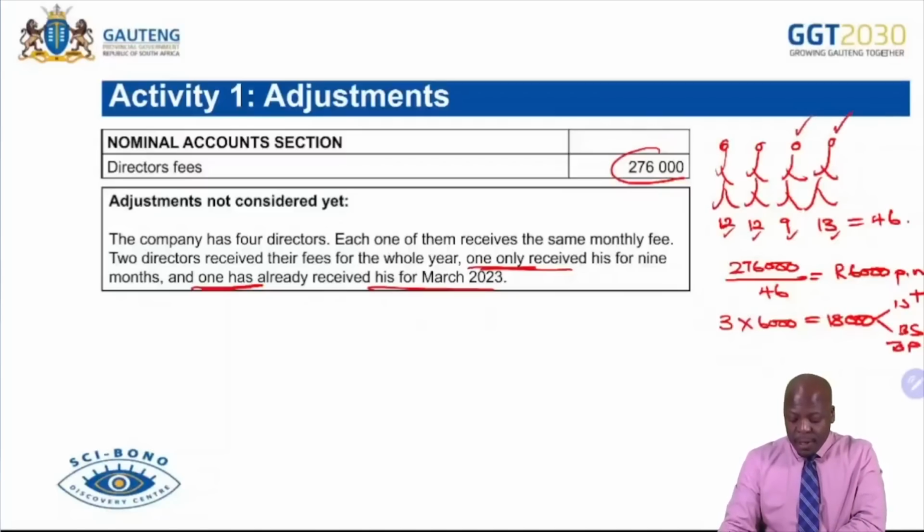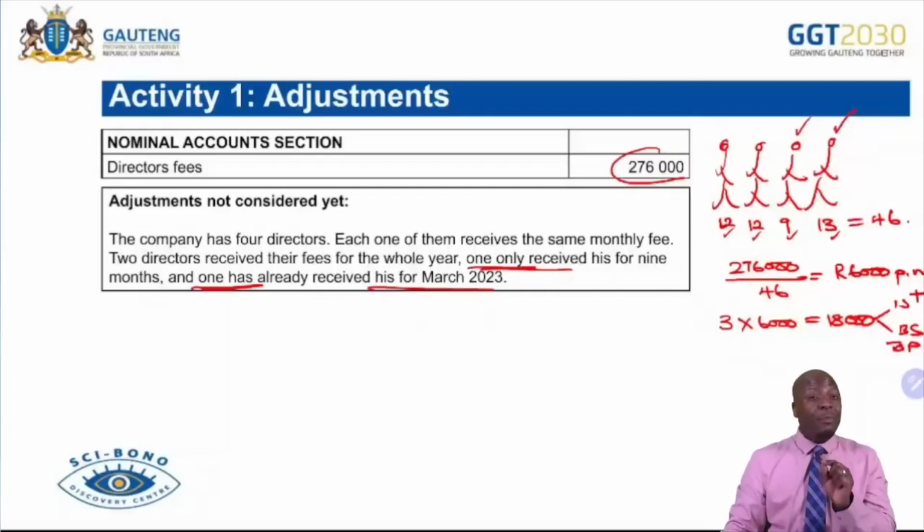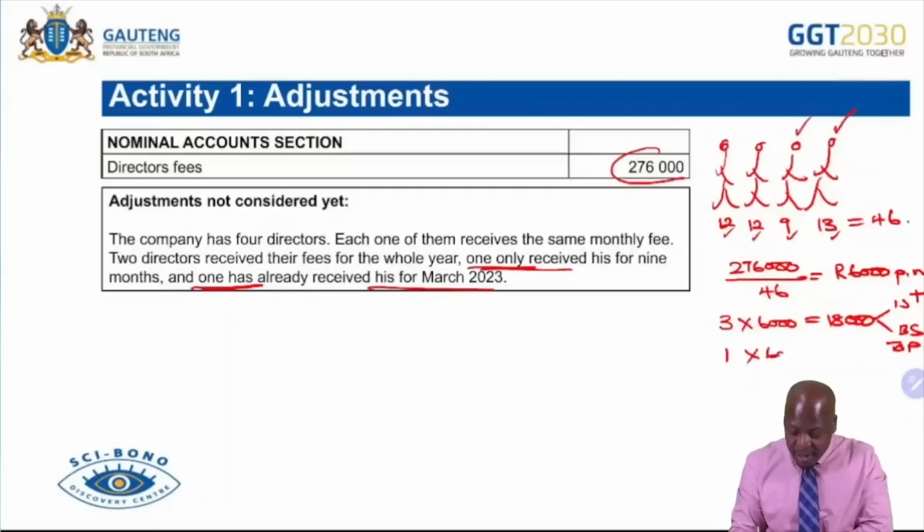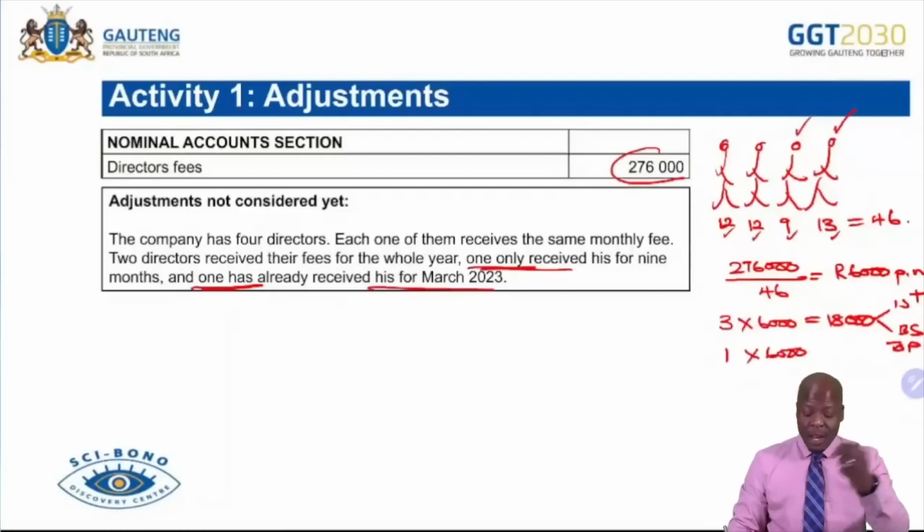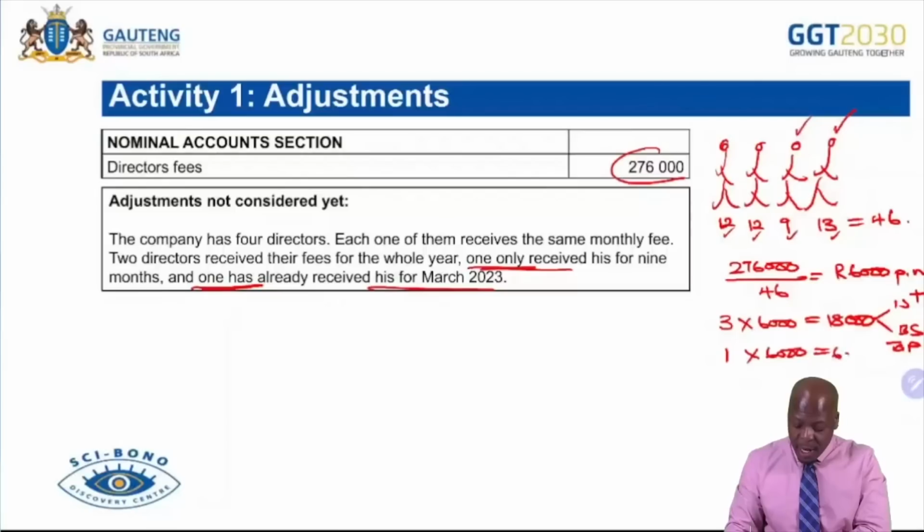Then with the second director who has a problem, what was the problem? Oh, we paid him for how many months? 13 months instead of 12. So with one of the directors, we have paid 6,000 per month and we paid him 1 month more. That means we have a prepaid expense of 6,000. That should go into income statement.